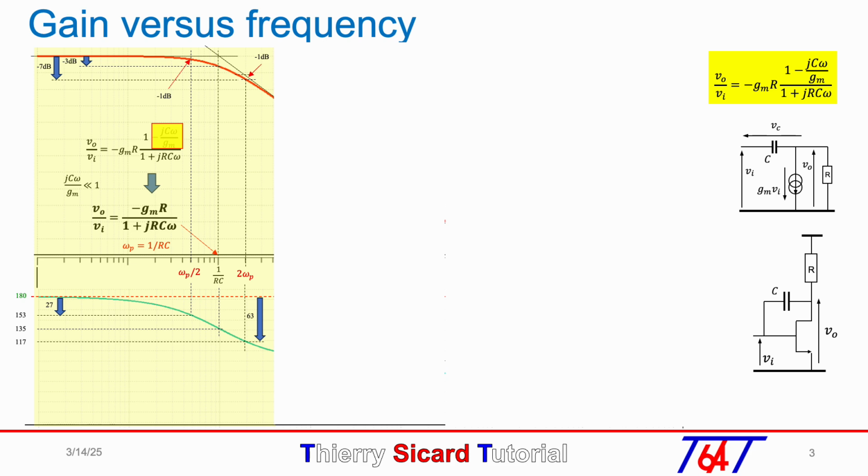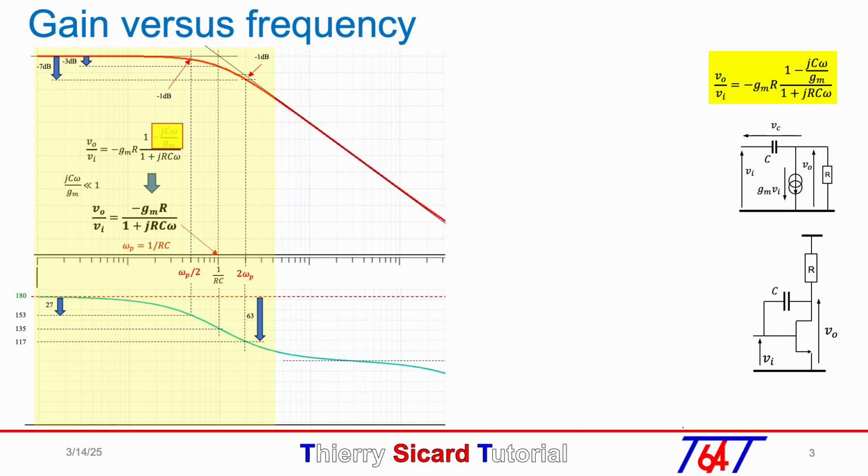At the middle frequency, that is between the angular frequency interval omega p and omega 0, JRC omega is much greater than 1, thus 1 plus JRC omega is equal to JRC omega. We can remove the term 1 from the denominator. The gain equation can therefore be written as the first term plus 1.